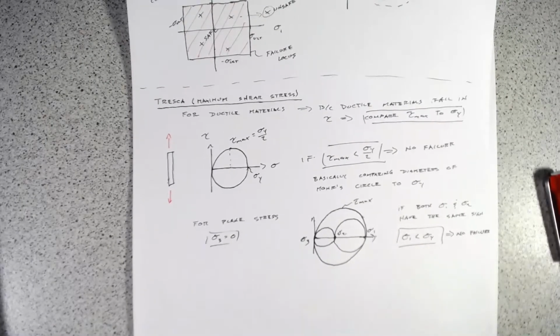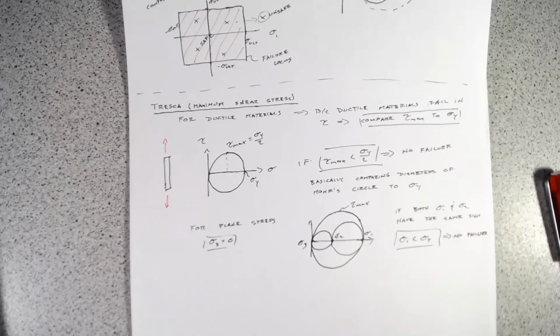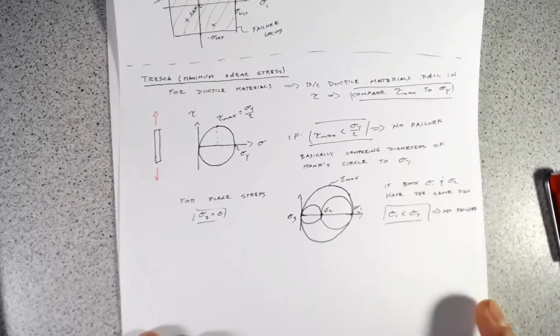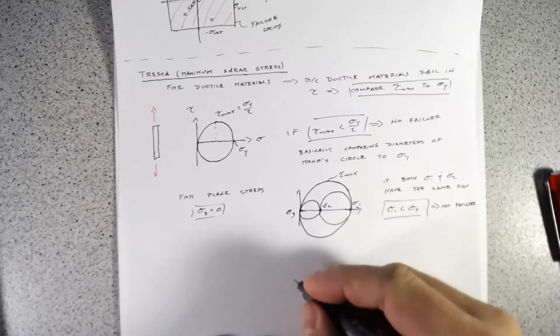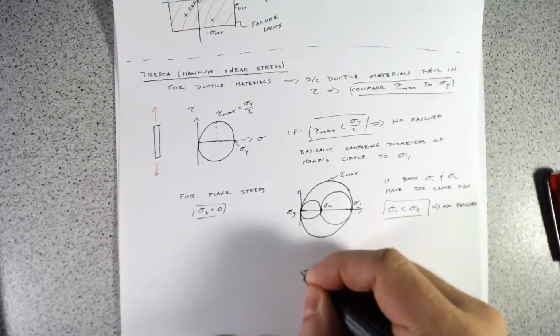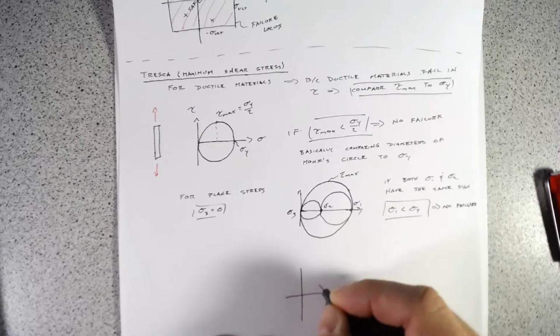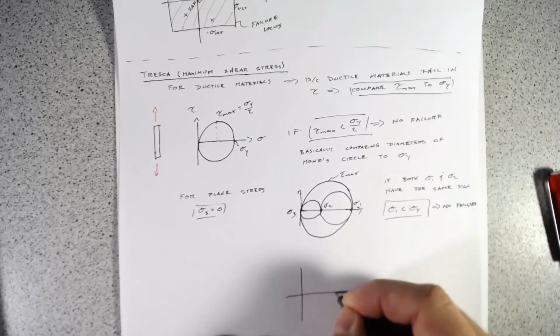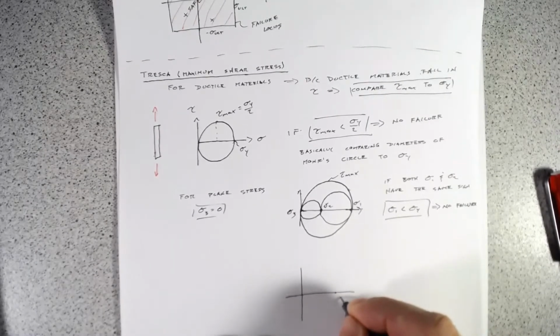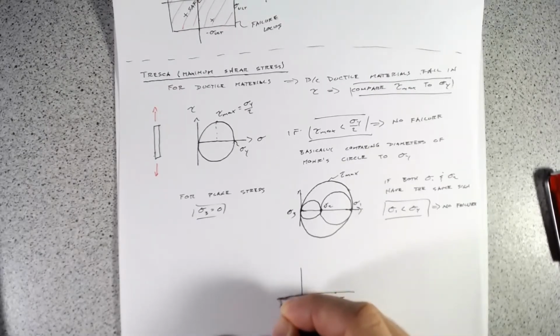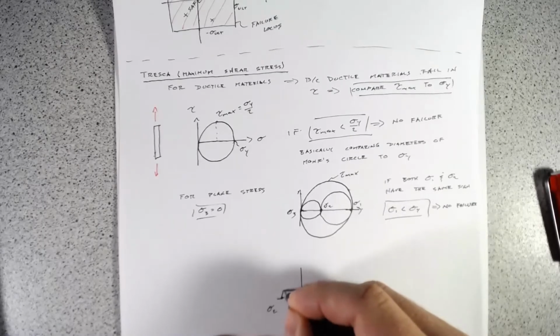If, say, we had principal stresses with opposite signs, so say that one of the principal stresses is in tension and one is in compression, we'll draw that again. So say you've got a sigma 1 and a sigma 2.